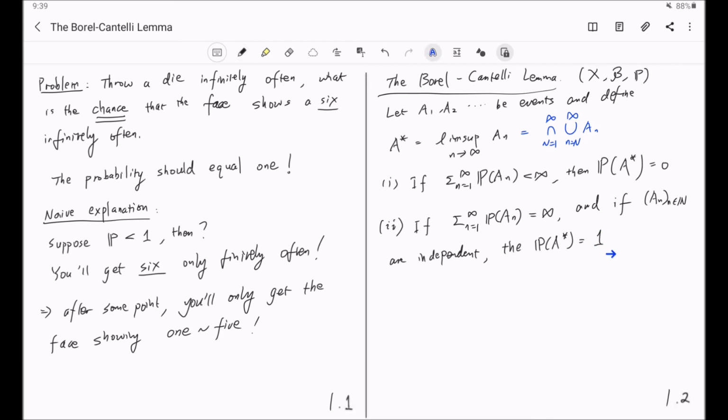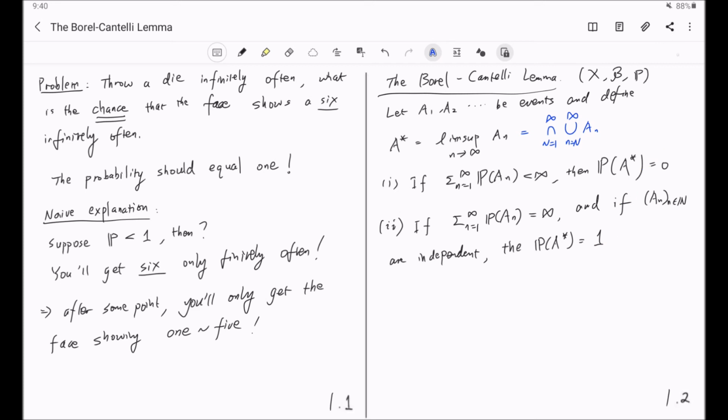Does this result look surprising to you? If the sequence of events are independent, then the probability of the event that happens infinitely often will either be 0 or 1. Isn't that surprising?